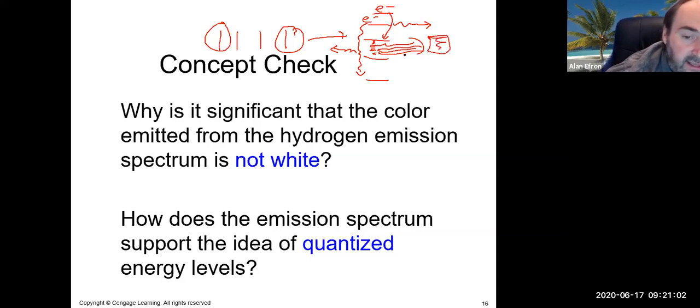Since we don't see that, we know only a distinct transition is occurring, say from here to here, and it only gives off one wavelength of energy. So it's not a continuous spectrum, because otherwise we would see a ton of different colors coming off all at once. Any questions on that?